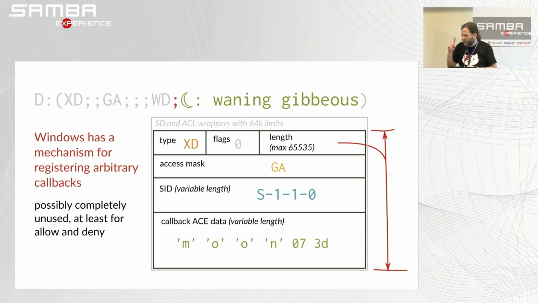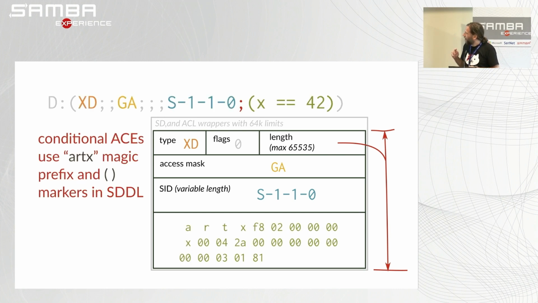But there's one built-in one, or you can turn it on, and that's the conditional ace. Its magic string is ARTX. So if you've got conditional aces enabled, and it comes to an XA or XD or some other weird ones, and it's got the extra stuff at the end, and it says ARTX, then it knows that it's the conditional ace.